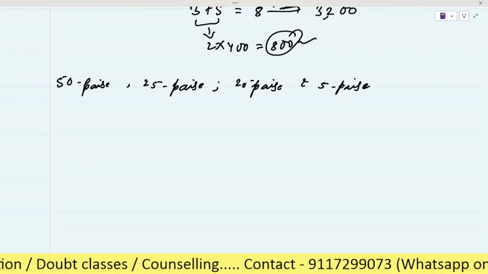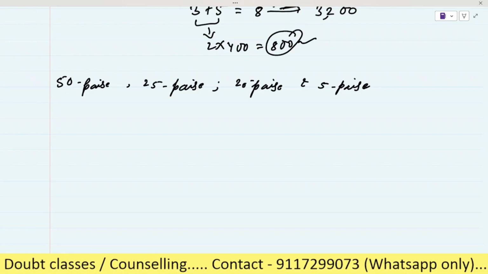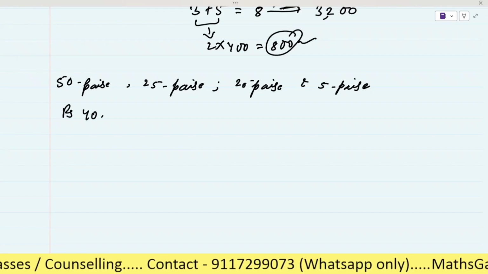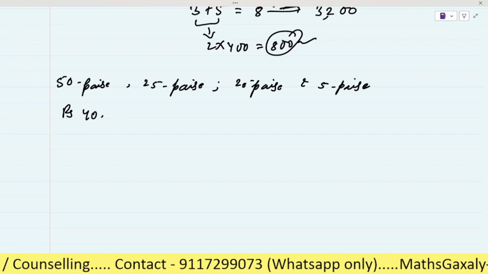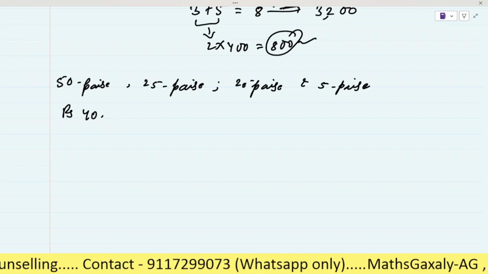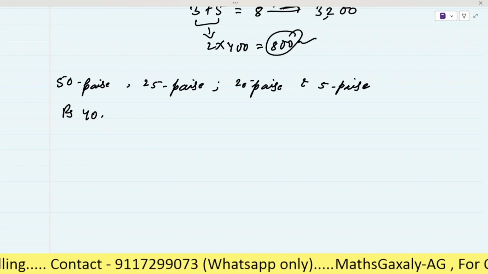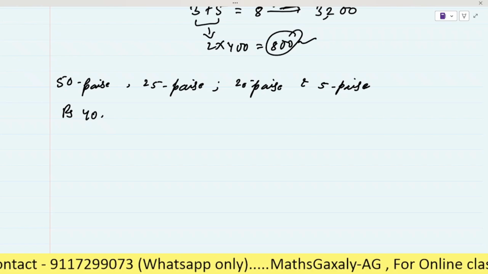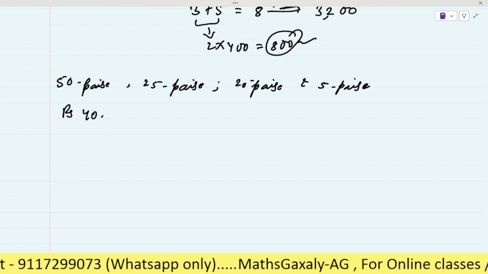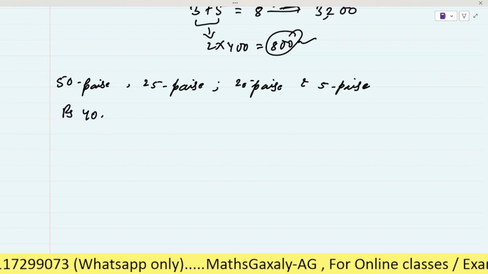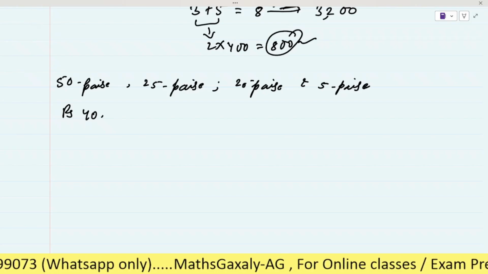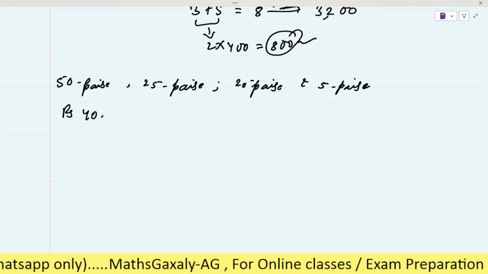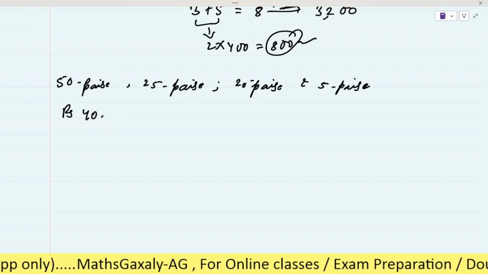After that, if the total amount is rupees 40, how many coins of each type are there?